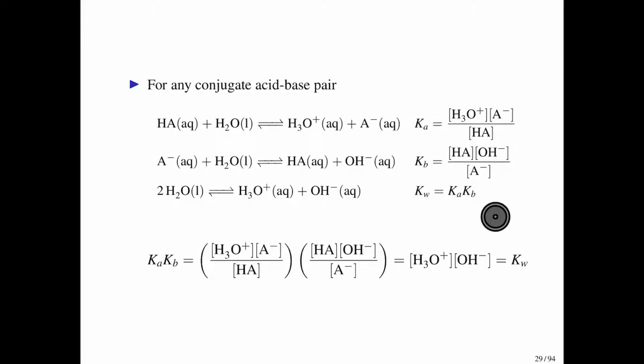And you can show that this relationship is true if you take the product of Ka times Kb explicitly. You'll see that the conjugate base concentrations cancel and the conjugate acid concentrations cancel out as well, leaving you with the ion product for water, which is just Kw. So this relationship holds for any conjugate acid-base pair, and we'll use this equation in our problem solving.